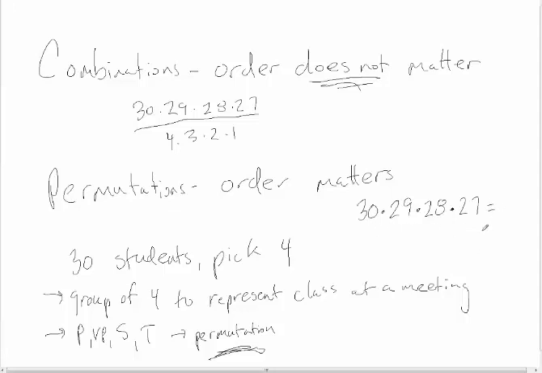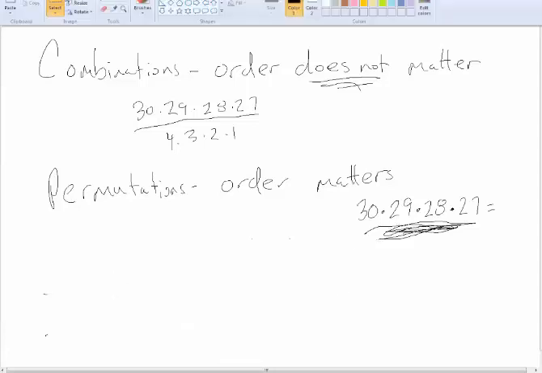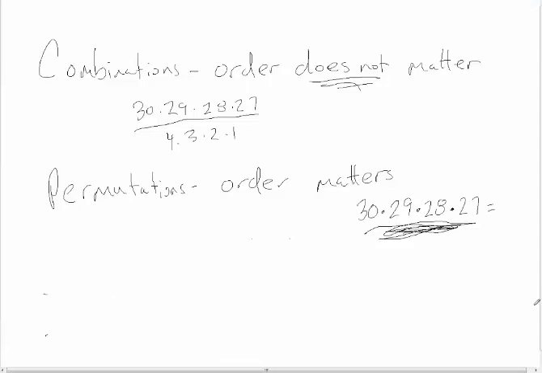So that's how many permutations we can have. This calculation right here gets at a general counting principle.